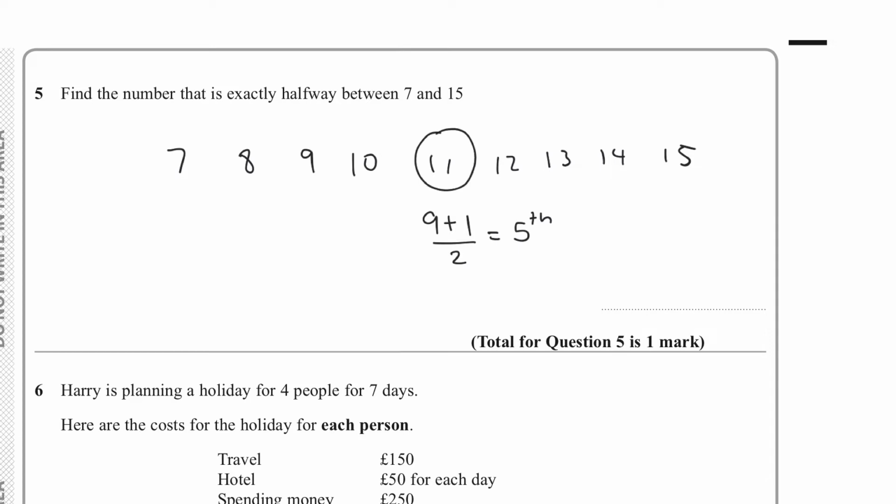You should end up with 11. There are different ways you could work this out. Another way is working out the difference between 15 and 7, which is 8, then doing 8 divided by 2, which is 4, and adding 4 onto the 7, which would also give you 11. Or you could just write them out and find the middle number.